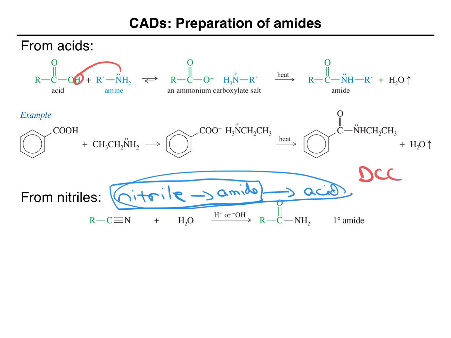Under basic conditions, the hydroxide is the nucleophile that adds to the nitrile carbon, pushing these electrons onto the nitrogen, giving this intermediate.